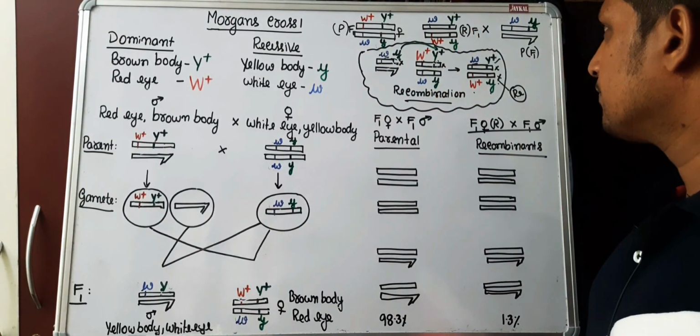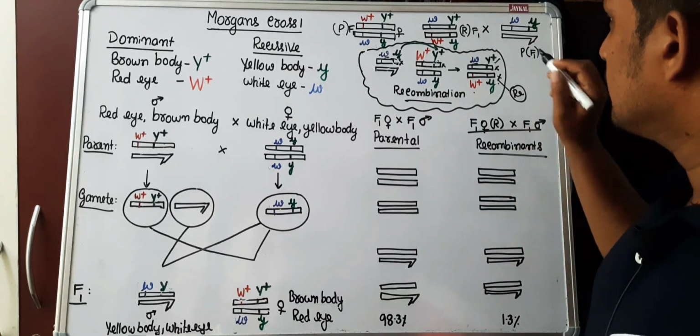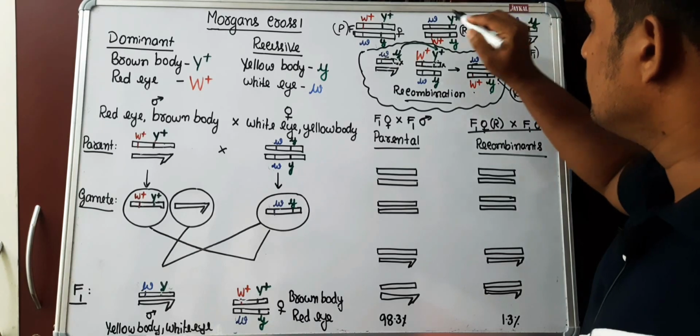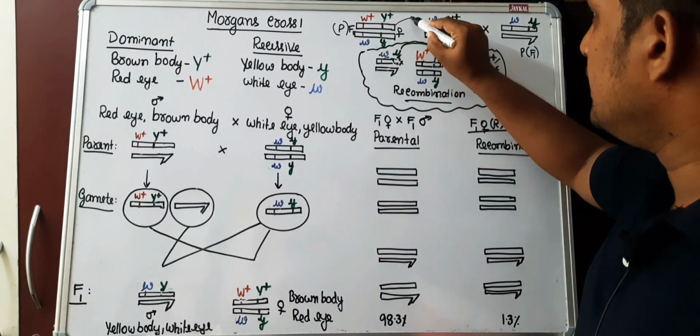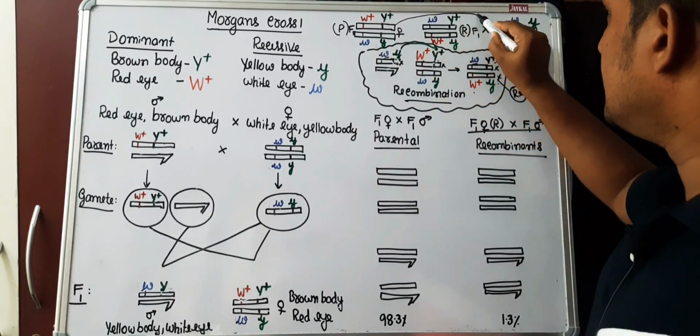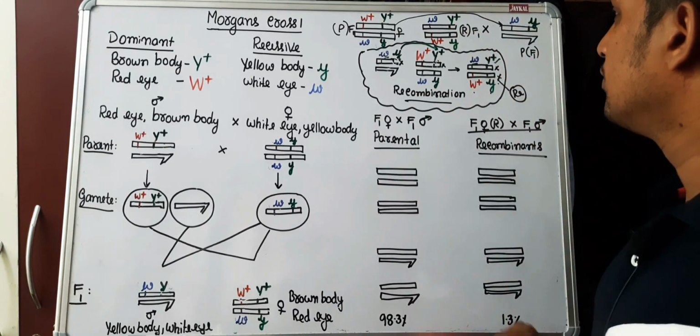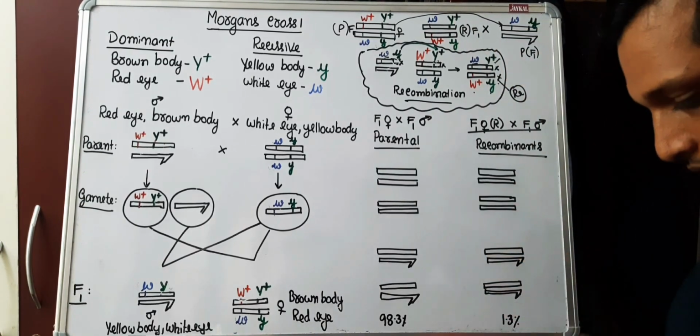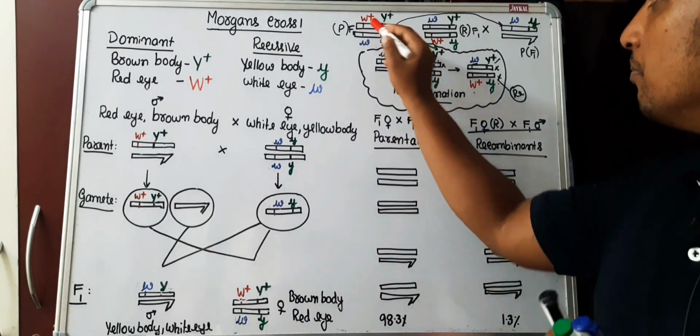How to mate it? Let me give you an idea. The male contains an X chromosome. So first mate the X of the parental female with the X of the male. What happens? Let us write the genes.